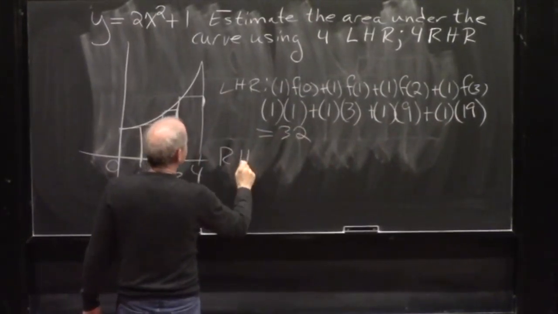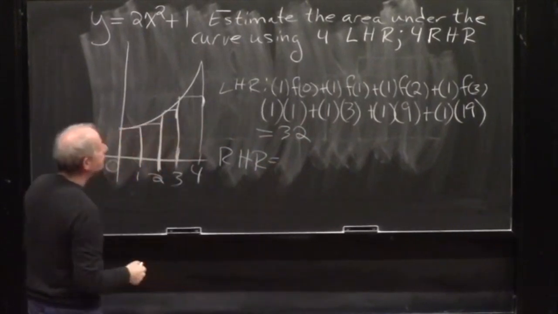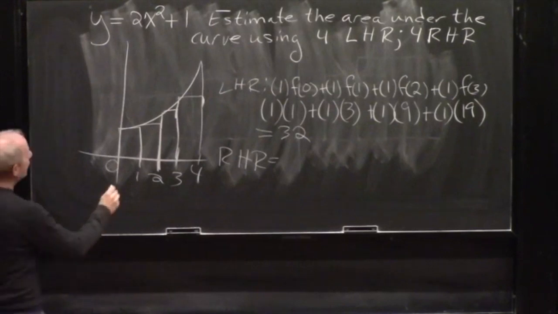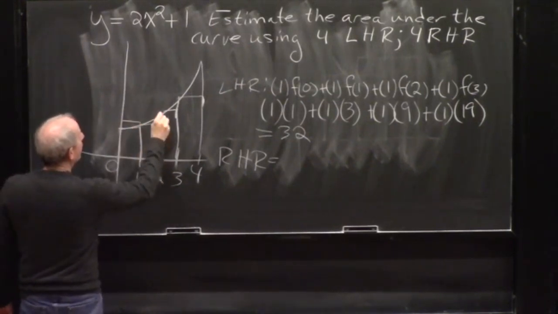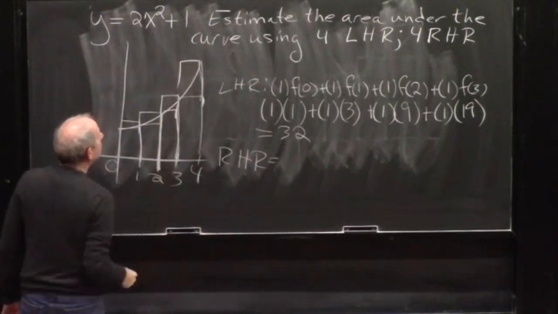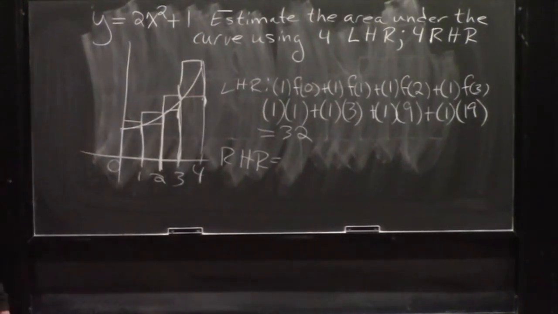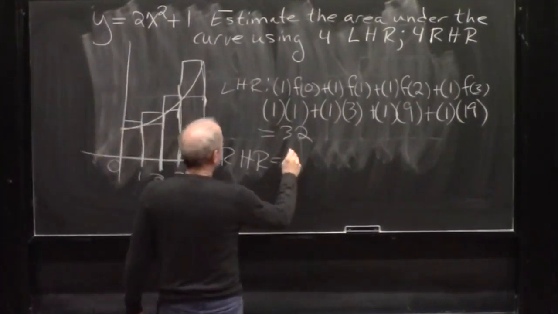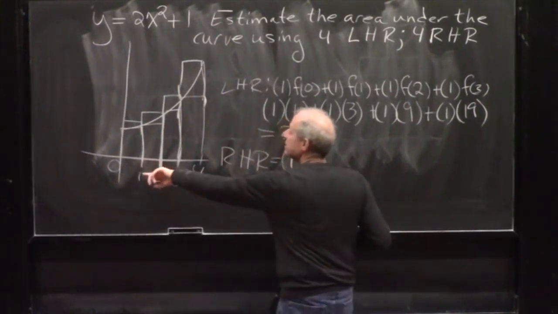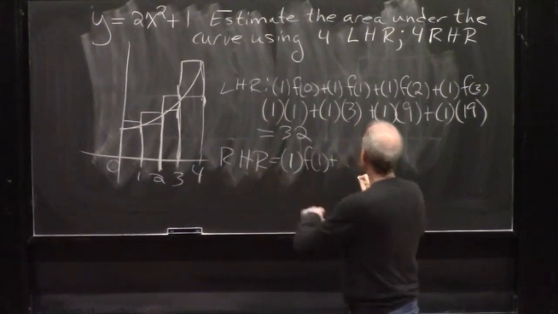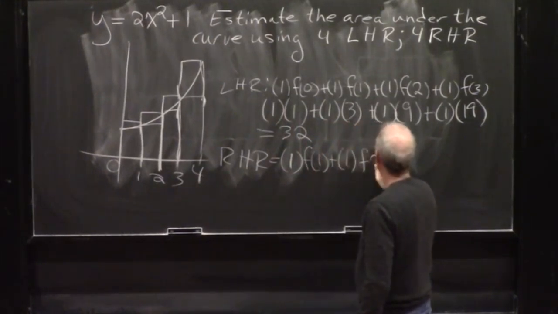And then if we want to do the right-hand rectangles, it's the same idea, except now to get each rectangle, I go to the right side of the interval, and I go up and across. I said this will overestimate. So we know that the area is more than 32, and now we can find what it is less than. So this will be 1. Well, what's the right end of 0 to 1? It's 1. And what's the right end of 1 to 2? 2.